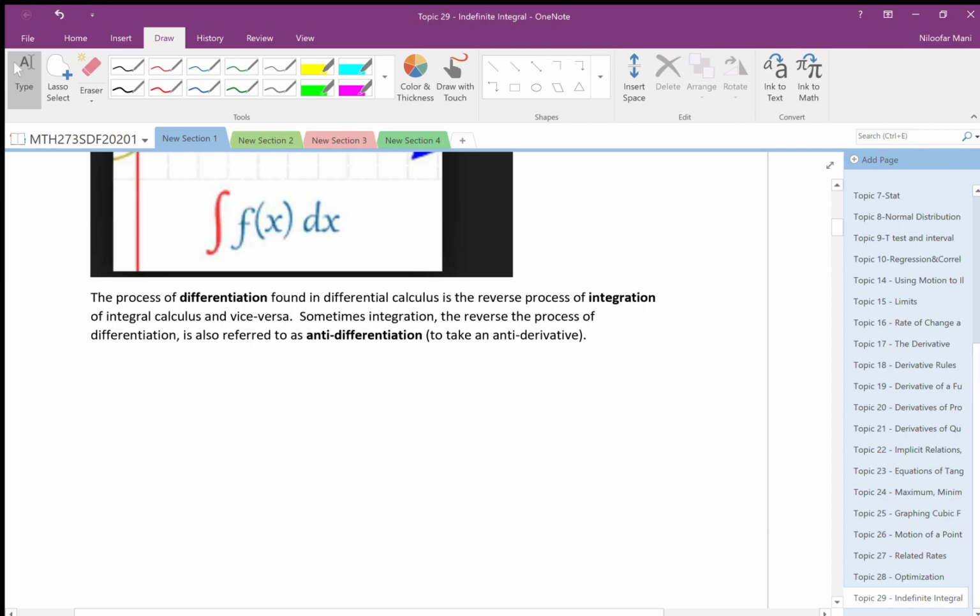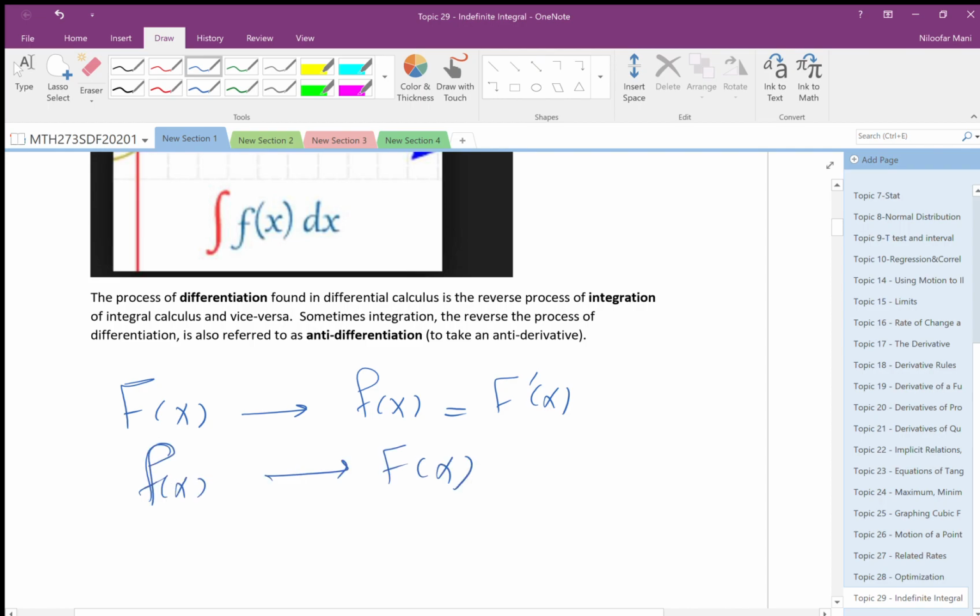Before, I used to give you a function f(x), and you had to give me the derivative of that. Now I am going to give you the lowercase f, and I want you to find the other one. So I'm going to do the opposite: I have the derivative and I want the original function. This is the main lesson.